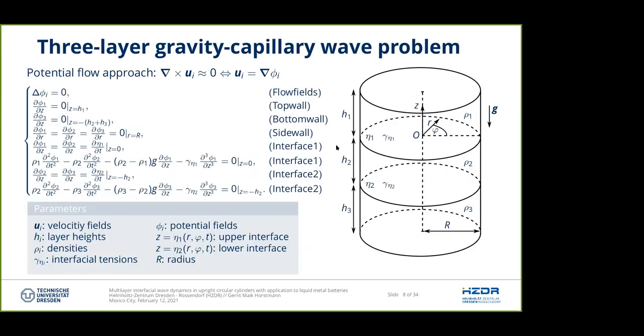I wanted to understand the coupling between those interfaces in the batteries. And therefore, I used the potential flow approach, which means that I neglect the rotational part of the flow, such that I can describe the velocity as a gradient of some scalar potential. This is an extremely drastic simplification because the Lorentz force is a rotational force. It has no potential.